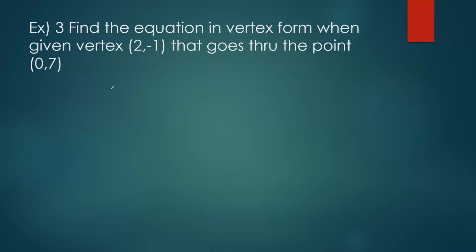One is vertex. So if we recall, vertex form is y equals a, parentheses, x minus h squared plus k. Okay, so they tell us the vertex is at 2, -1. So that's very, very helpful. Remember, 2 would be your h, your x value, your horizontal shift, and then -1 is your vertical shift or your k.